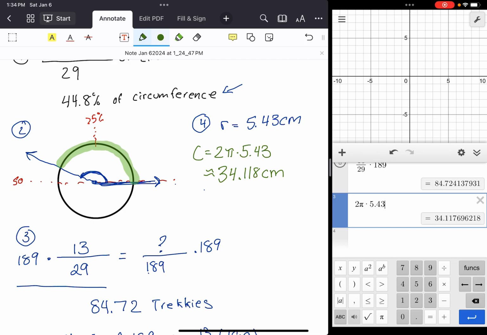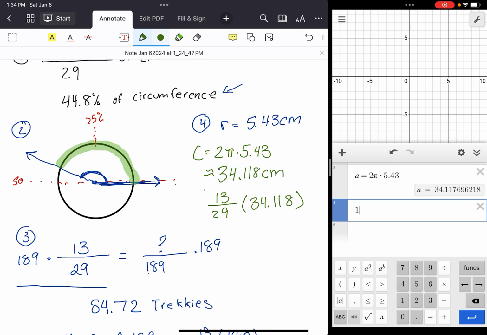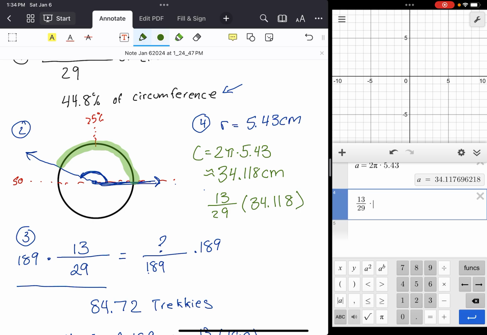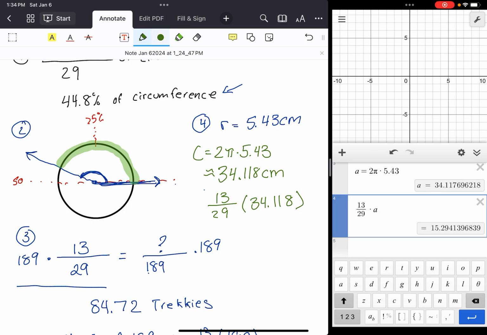We want 44.8% of that. Using almost the same thought process we used to find the Trekkie measures, we can find our arc length. We want 13/29 of that total circumference. Notice that while I have rounded numbers in my work, I'm going to use the exact circumference value that I had in my calculator.